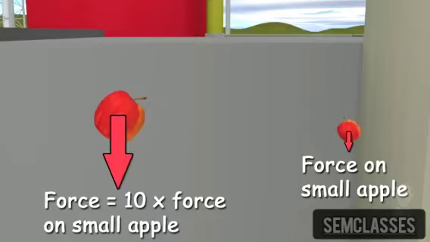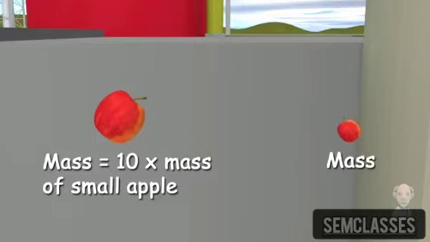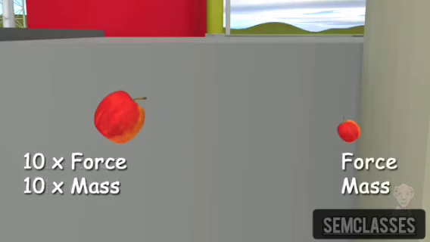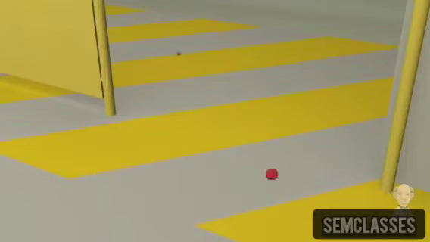So you may think that it would accelerate to the ground faster than the small apple. However, the large apple also has a mass 10 times larger than the mass of the small apple, and it therefore resists the acceleration by a factor of 10 times. The result is that the acceleration of the large apple is not greater than the small apple. It is exactly the same as the small apple, and therefore both apples hit the ground at the same time.